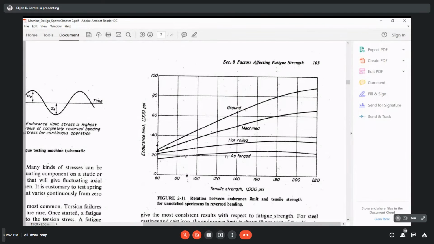So, meaning it has a very rough surface. Remember, the surface is rough. If you produce steel, usually you melt it and then pour it into a mold. So whatever surface it has, that is as forged.